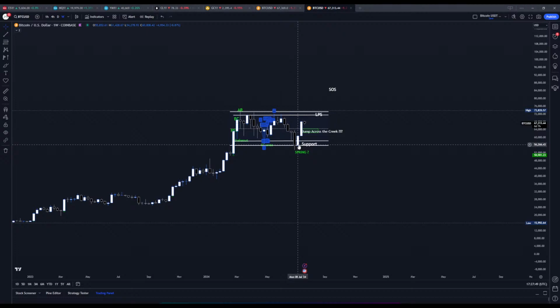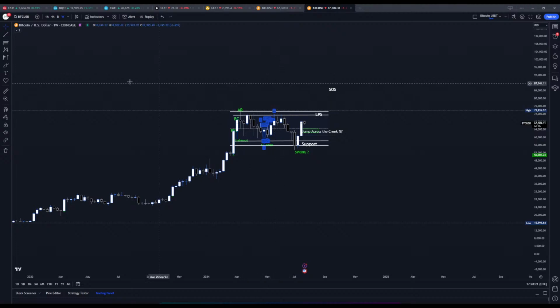But as of now, as long as we're remaining above the previous support that was recaptured after breaking slightly below, this is what spring actions are known for, right? Creating that false breakdown before the continuation of the markup action, which normally is only a consolidation phase where smart money or big money tends to accumulate more shares of BTC, right?